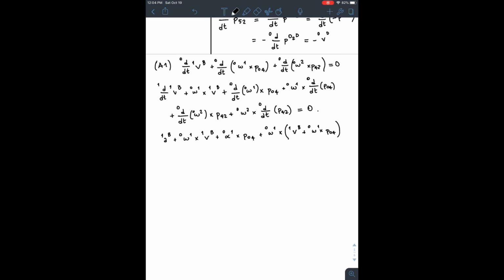So carrying on, the bottom line of the top equation here, I need to take that derivative, but that is by definition the angular acceleration of 2 in 0 cross P42 plus angular velocity of 2 in 0 cross this one here, which is the derivative in 0 of P42. And again, we did that in the velocity level analysis.